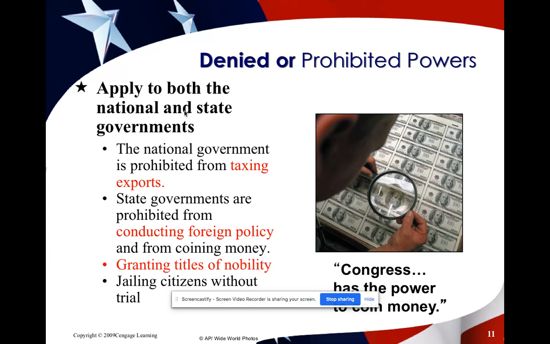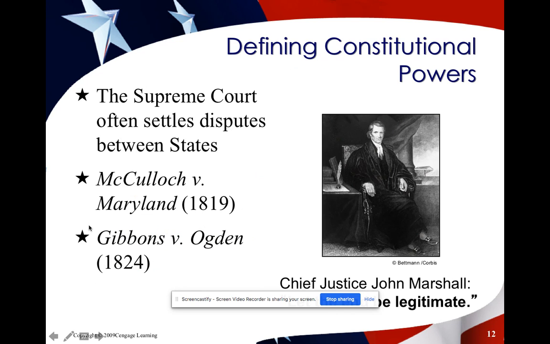So the Governor of New Jersey is not going to be making deals with foreign powers. Okay. Granting titles of nobility. Obviously, that came out of our revolution. So sorry, guys, none of you are going to have titles of nobility. No kings, queens, dukes are in your future here in the United States. Okay. And you can't jail citizens without a trial.